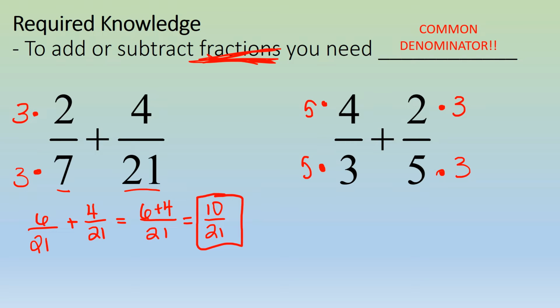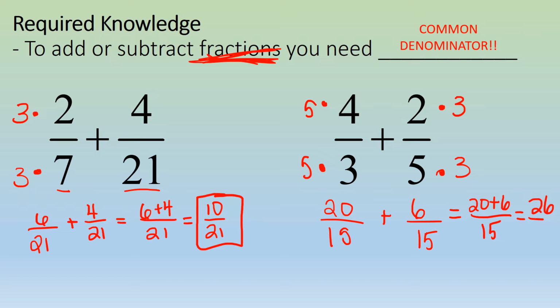So 5 times 4 is 20, 5 times 3 is 15, plus 2 times 3 is 6, over 5 times 3 is 15. Now we have 20 plus 6 all over the same denominator, 15, and 20 plus 6 is 26, all over 15. Can we simplify? Quick answer is no, circle it.